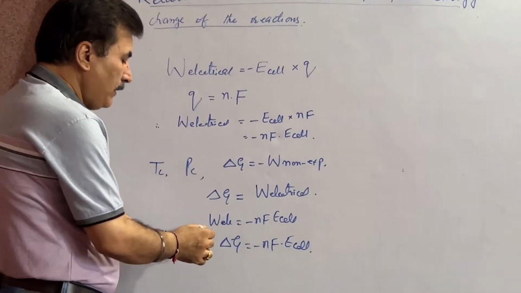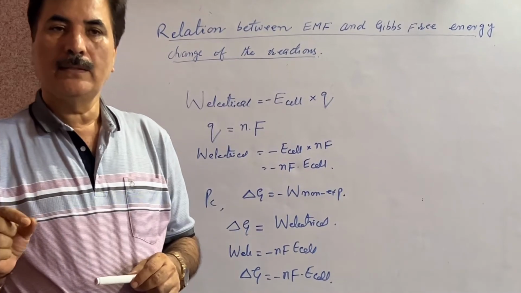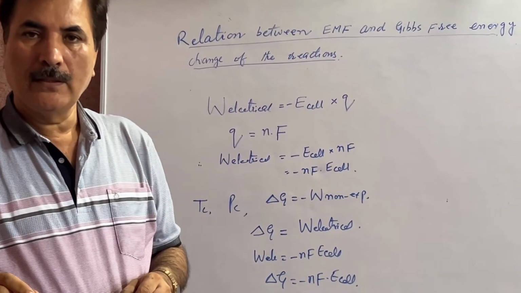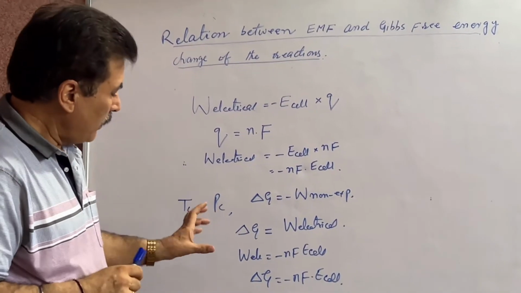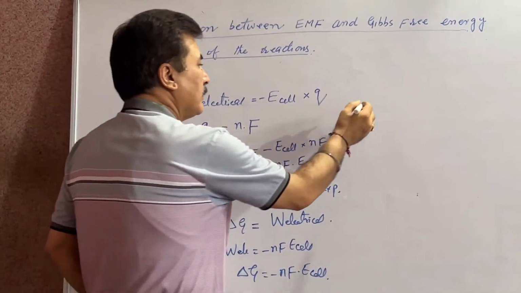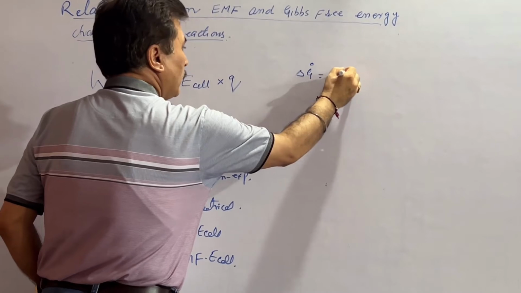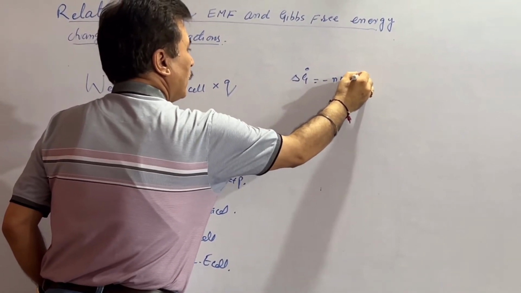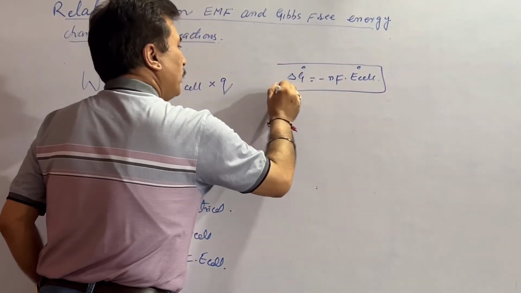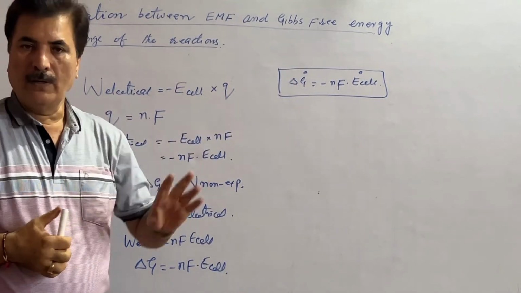But if the measurements are carried out under standard conditions, that is 298 Kelvin temperature, 1 bar pressure, and 1 mole concentration, at that time we can write it like this: delta G naught is equal to minus nF E naught cell. It is a relation between standard free energy and standard EMF of the cell.